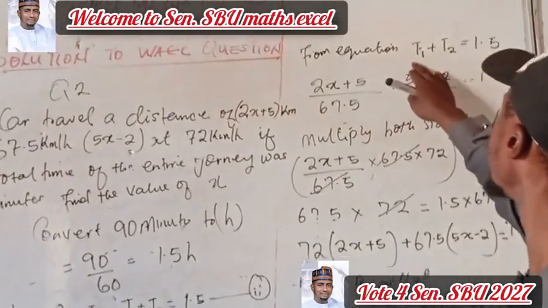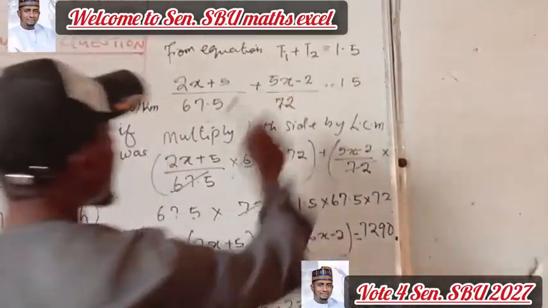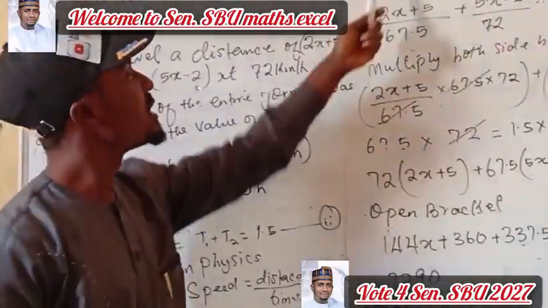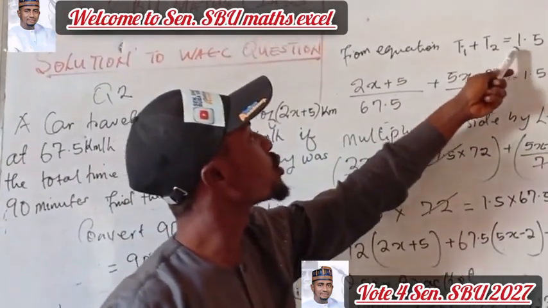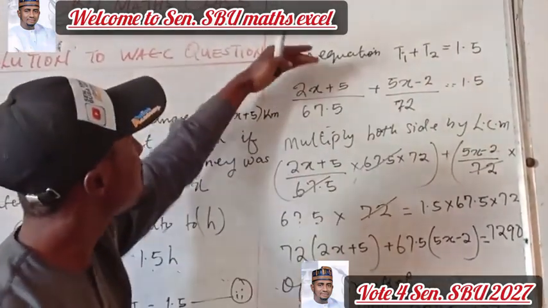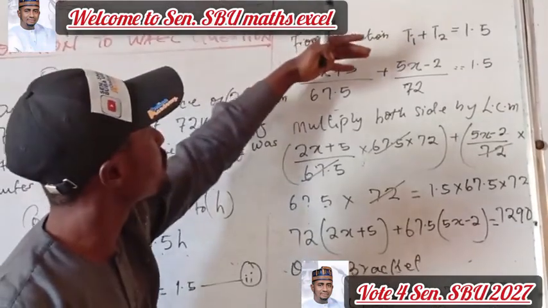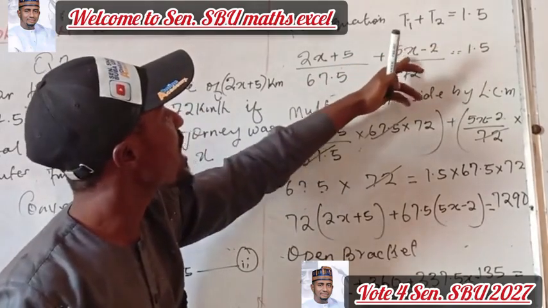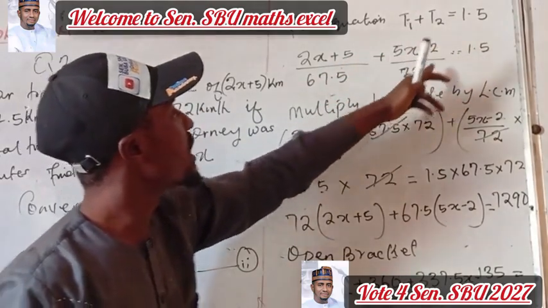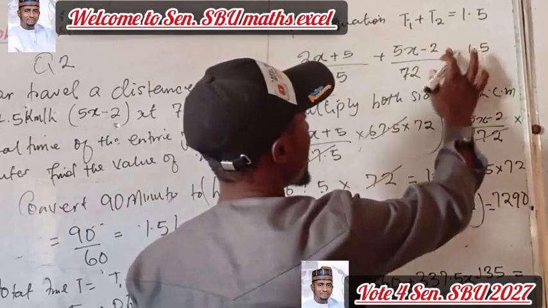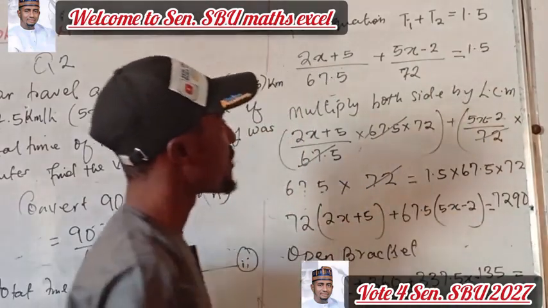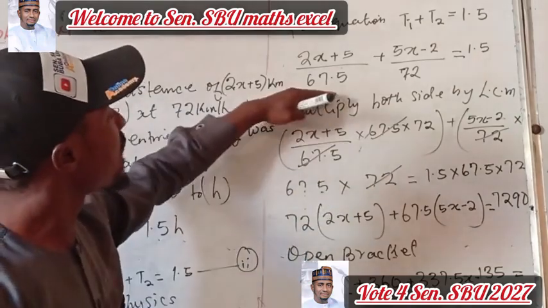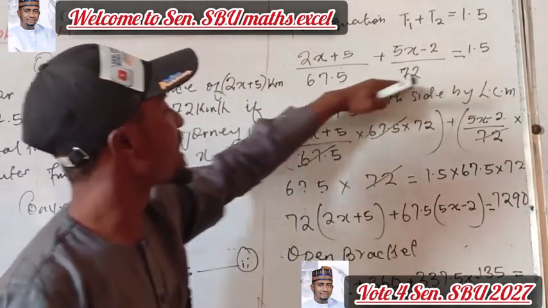From equation 1, T1 plus T2 equals 1.5. This is our T1, 2x plus 5 all over 67.5, plus our T2, 5x minus 2 all over 72, equal to 1.5. Now we can solve this step by step by taking the LCM.